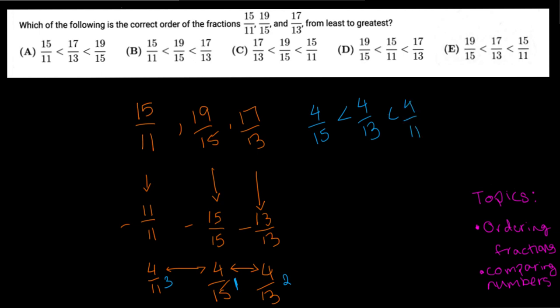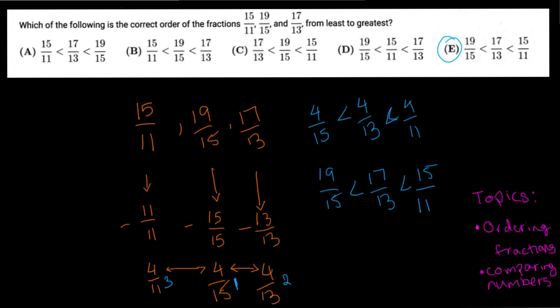And since you removed the same amount from each fraction, this will be equal to your final answer, except that you'll have to add 1 back to each of these. So 19/15ths is less than 17/13ths is less than 15/11ths. So we can go ahead and circle E as our final answer.